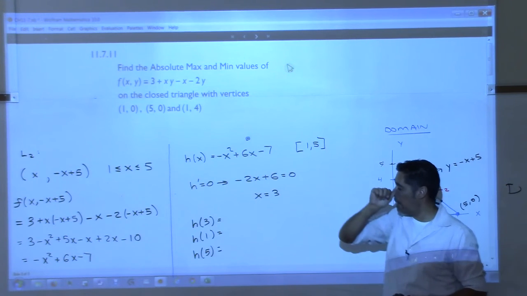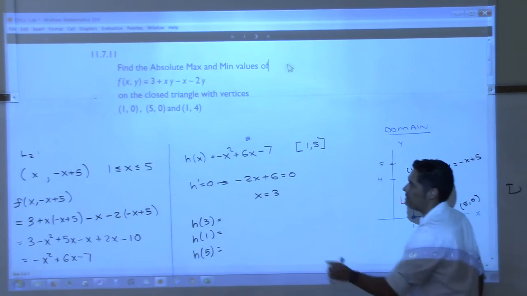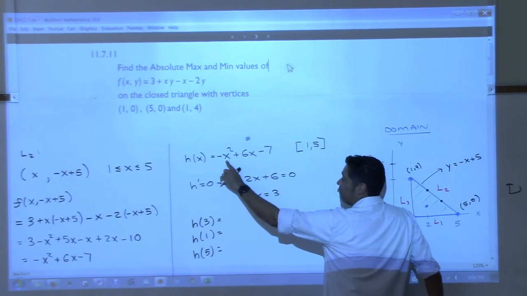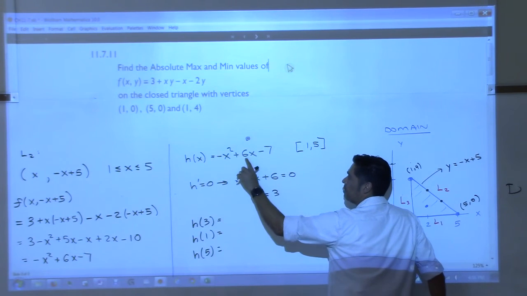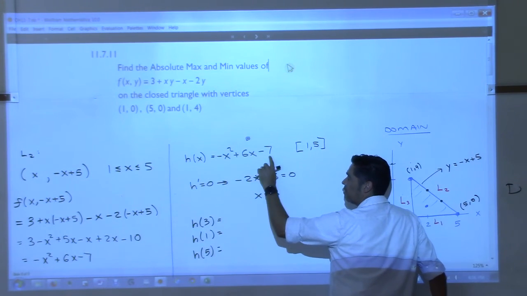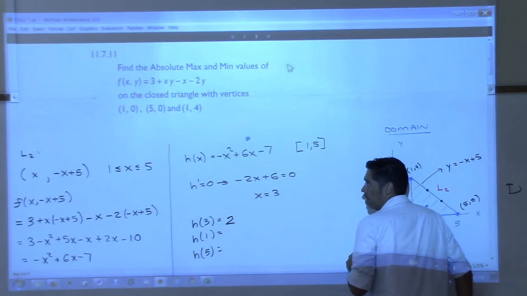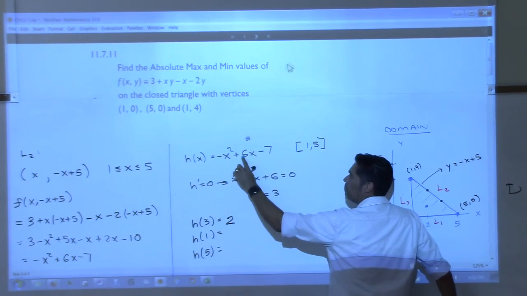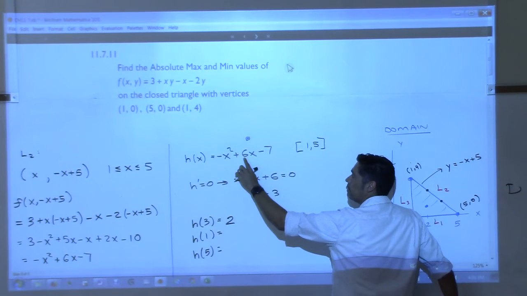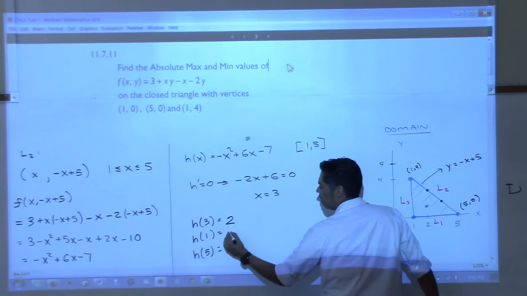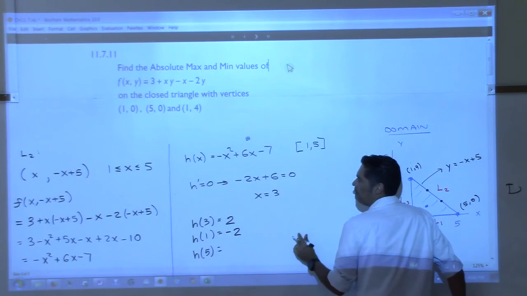We're good? Okay. So what happens when I plug 3 into this? Negative 9 plus 18, so that's 9. Take away 7, that's 2. Okay. What about at 1? Negative 1 plus 6, minus 7, so negative 2. And then what about at 5?